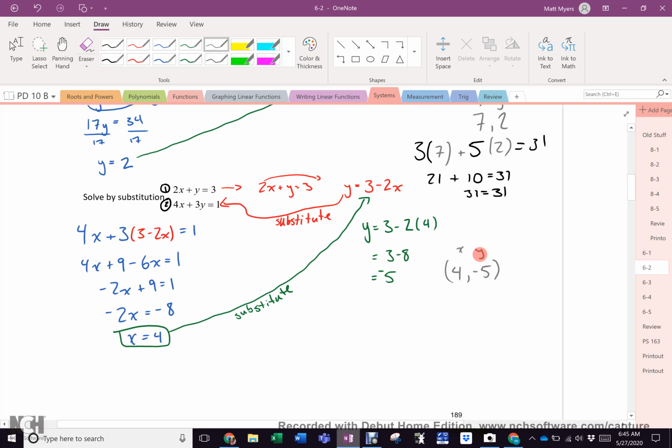x, y. And I have to make sure it works. I don't need to check it in there, and I don't need to check it in there because that's what I just used. So I just check it in the other one.